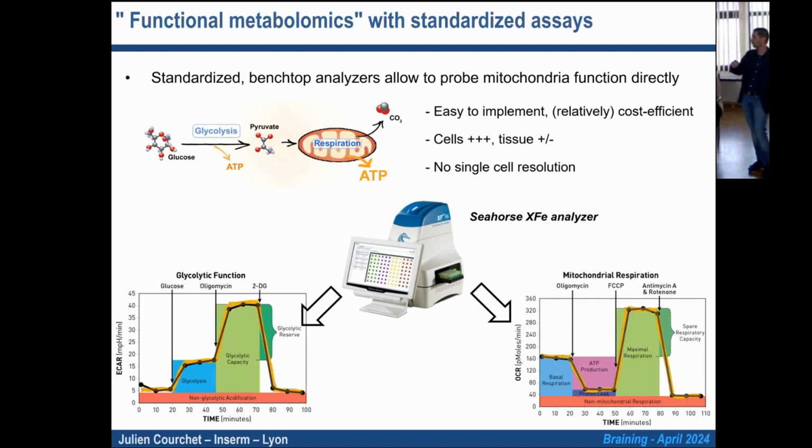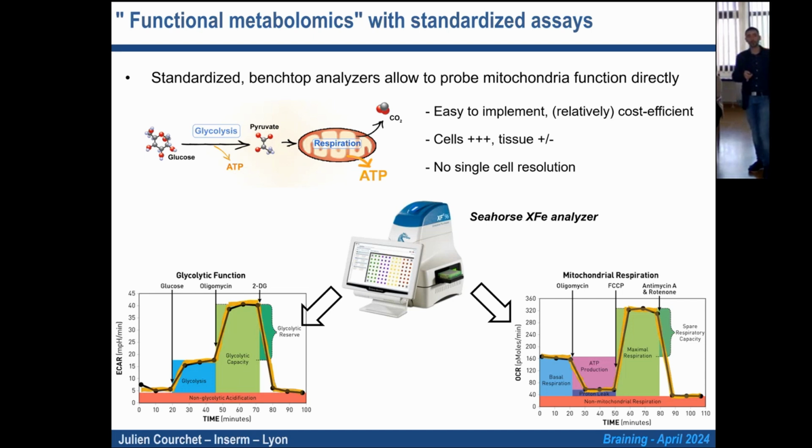In the Seahorse, for example, what you can measure is acidification of the medium and the use of oxygen in the medium. And you can see the rate of acidification, which is correlated with lactate released by the cell, so how much they do glycolysis, and how much oxygen they use in mitochondria.